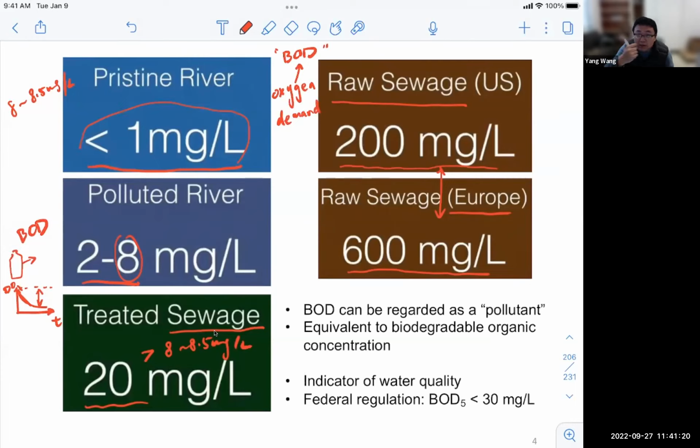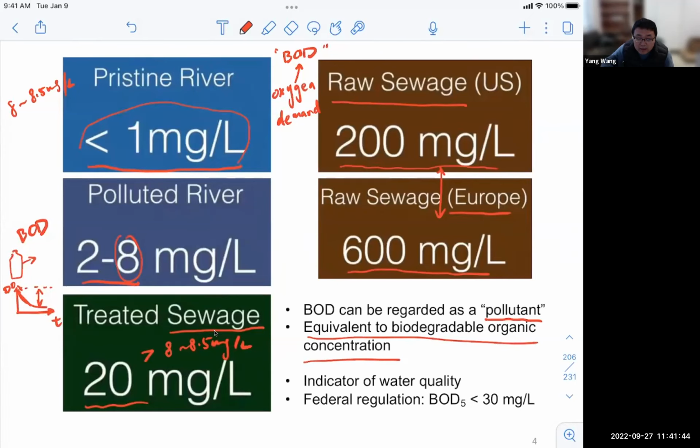There is a real thing, but for the oxygen demand, there isn't such a chemical called oxygen demand. It's kind of like an analogy or an indicator of certain pollutants that are organic and biodegradable. So you can treat the BOD as a pollutant. It is equivalent to the biodegradable organic concentration.